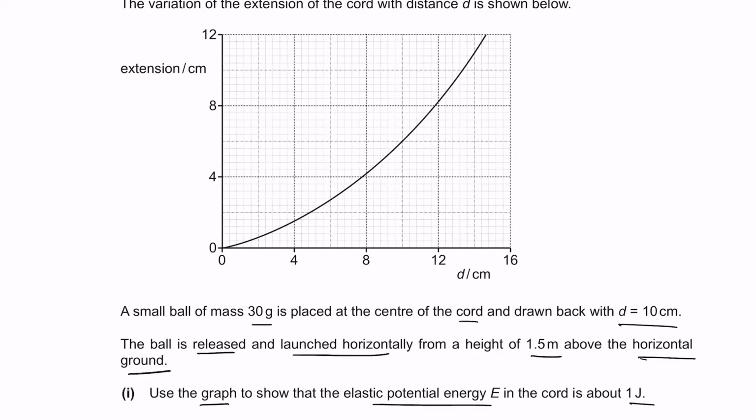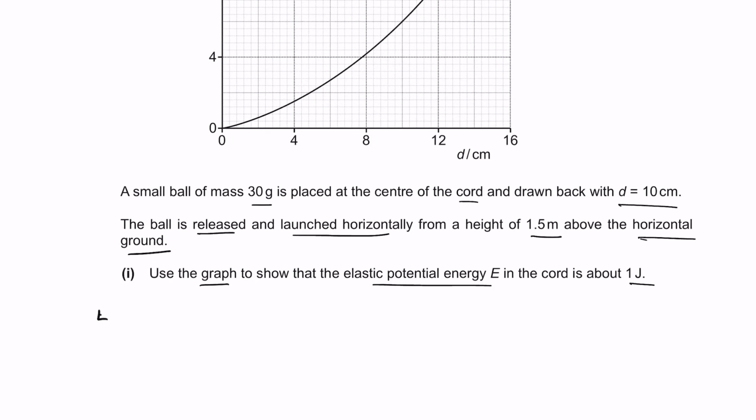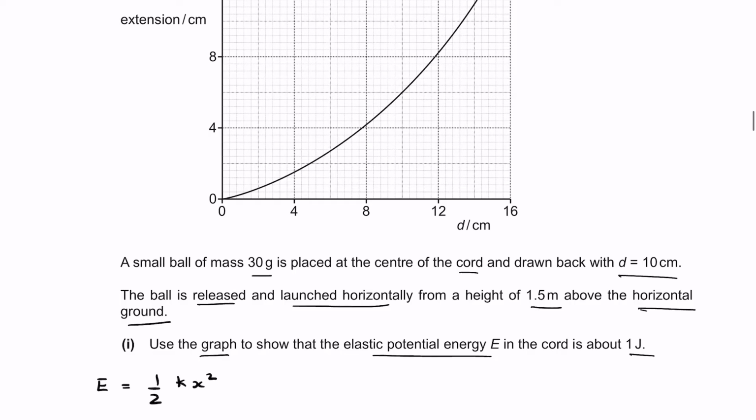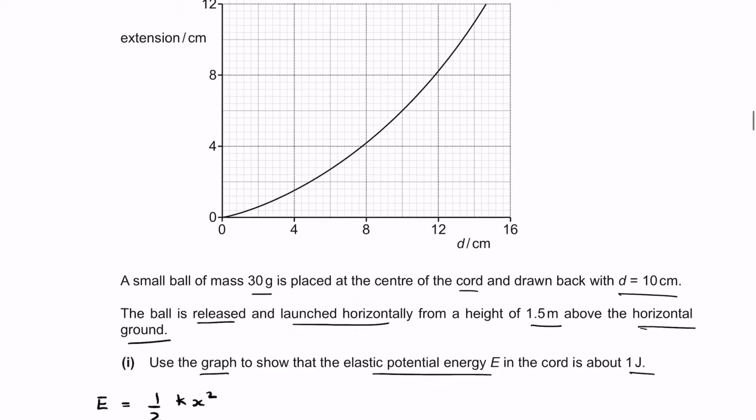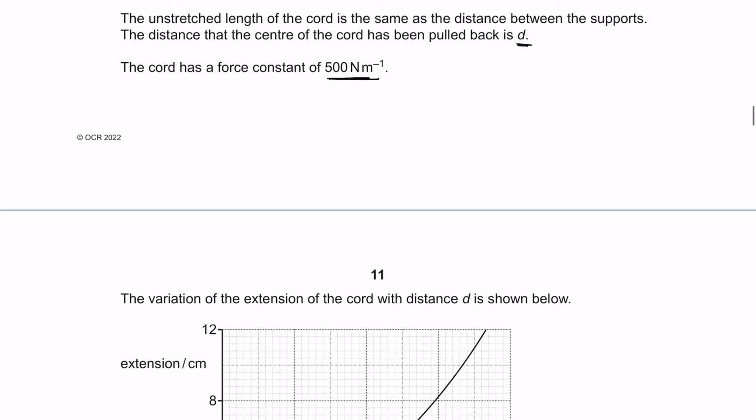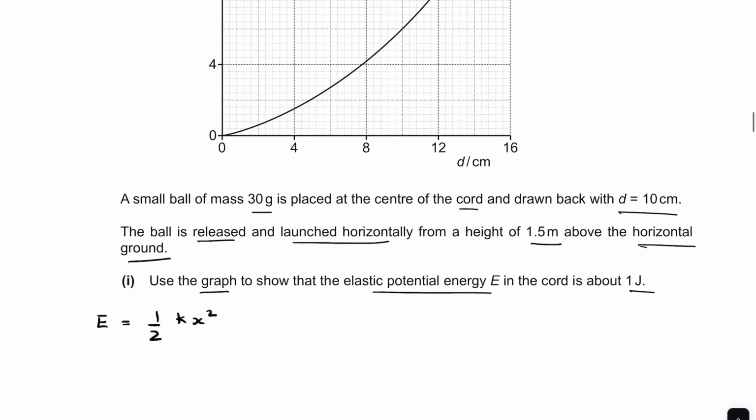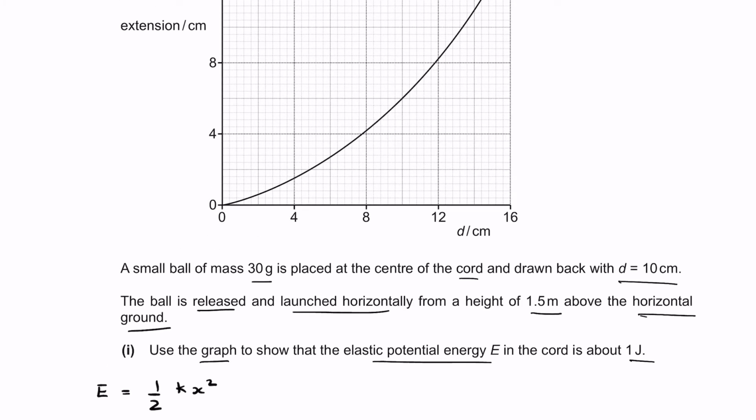We know that elastic potential energy is given by the formula half kx squared. Using the graph, we figure out what the extension is, and we are already given the spring constant, which is 500 newtons per meter. We check the extension at 10 centimeters of distance, which is right in the middle.